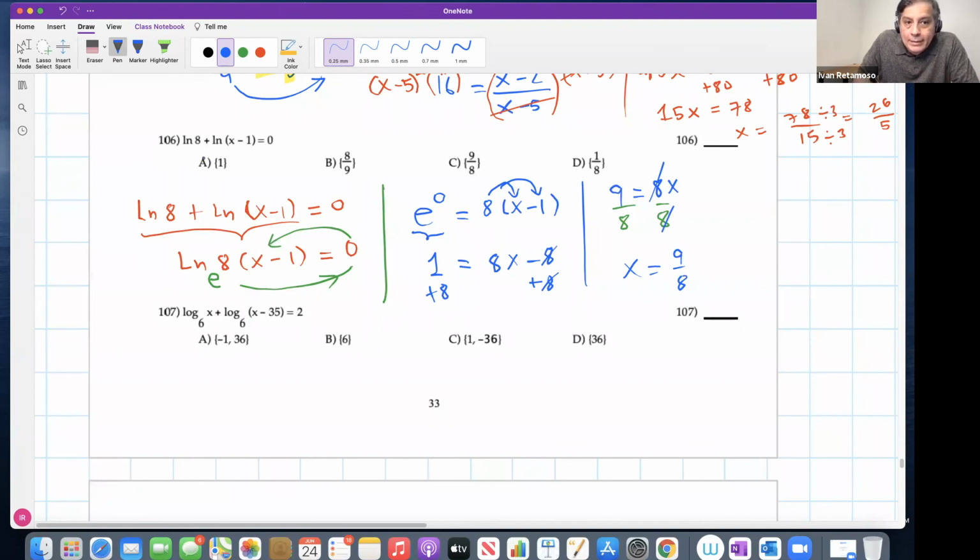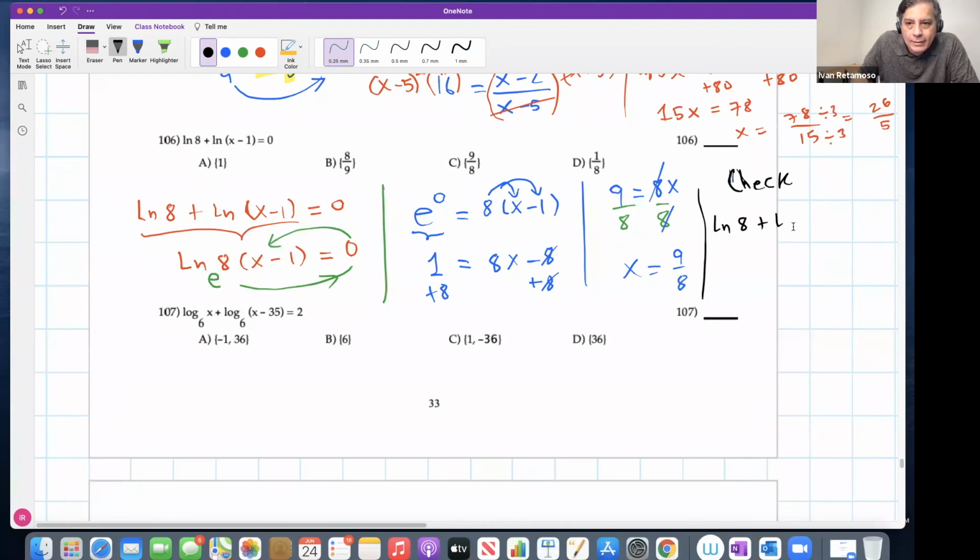Now you're dealing with a logarithmic equation, right? So don't forget to check. But I said, when you do the check, do this efficiently. Just make sure that the inside of the log is positive. That is enough.